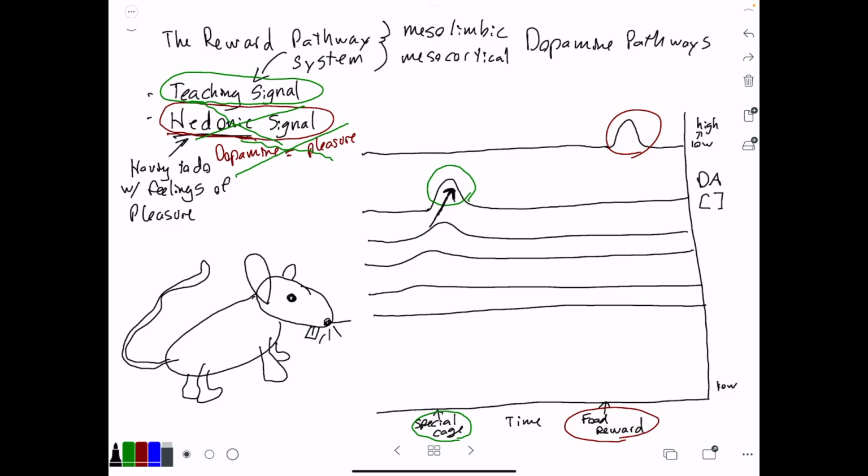So it's not constant. They put the rat into the special cage, the rat goes through all the same motions, gets the food reward, but there is no dopamine signal. There's no acute surge of dopamine here.